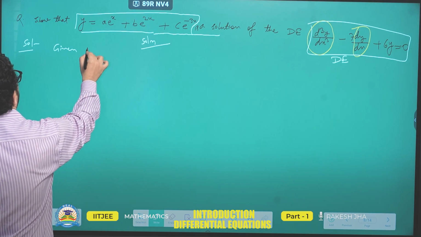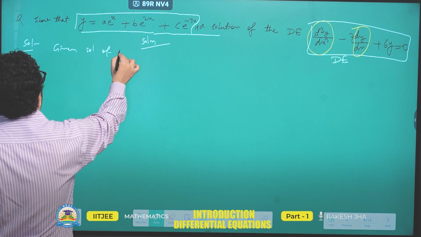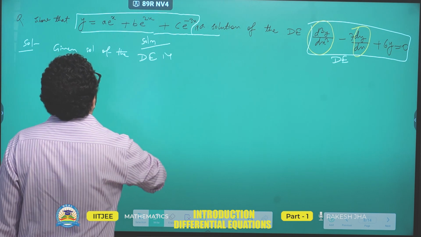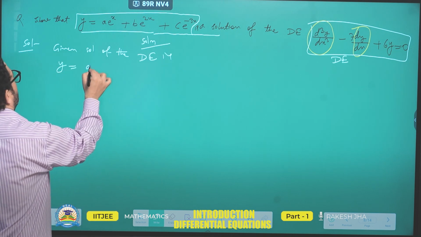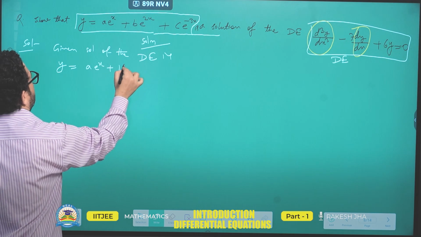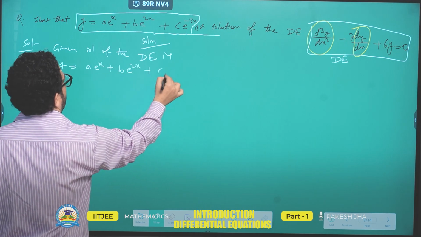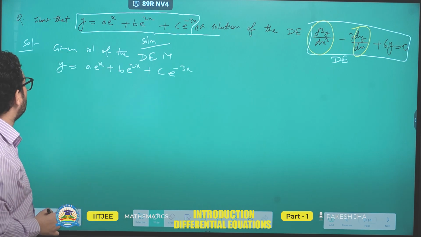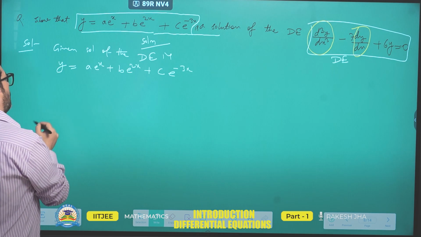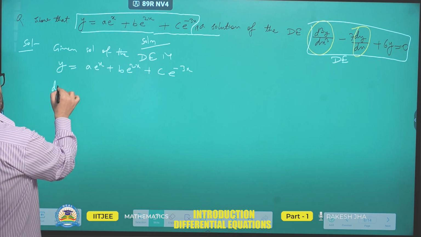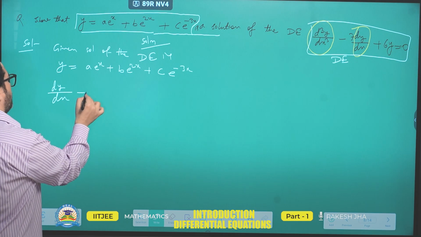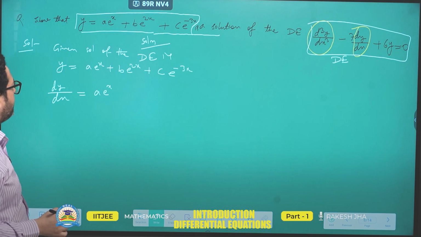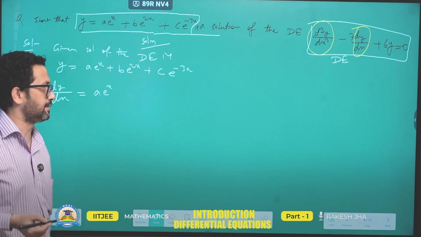Given solution of the differential equation is y is equal to a times e raised to the power x plus b times e raised to the power 2x plus c times e raised to the power minus 3x. Now we will go for one time differentiation. So we will have dy by dx, and this will be equal to a times e raised to the power x only, a being constant, and the differentiation of e raised to the power x is e raised to the power x only.